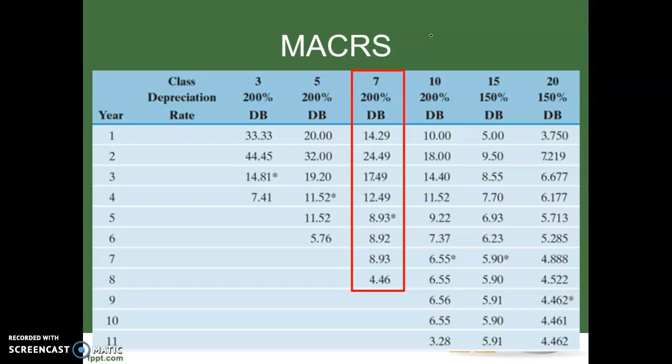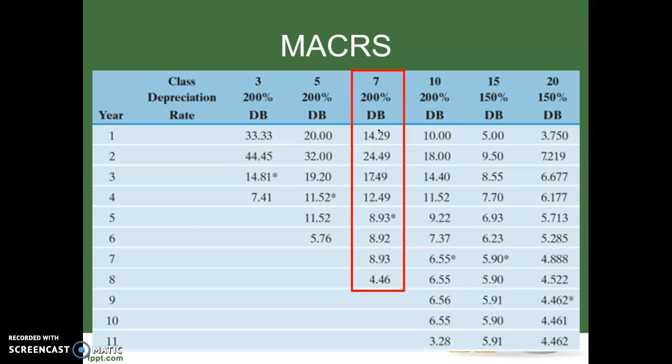So you can depreciate half of its value in the first year, and then after that first year, you go to the full double declining balance percentage, and you follow that down until you get to the year with a star next to it, at which point it transitions to a straight line method until you get to the very last year. And in the very last year of the asset, you are only allowed to use half of the depreciation.